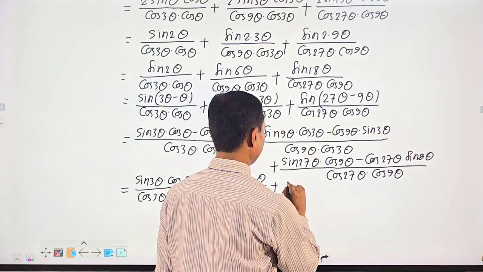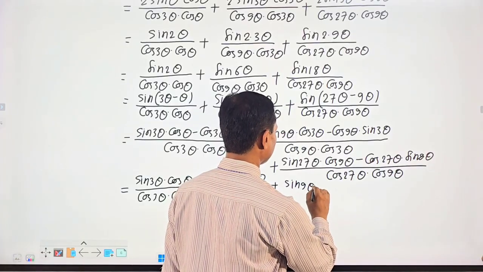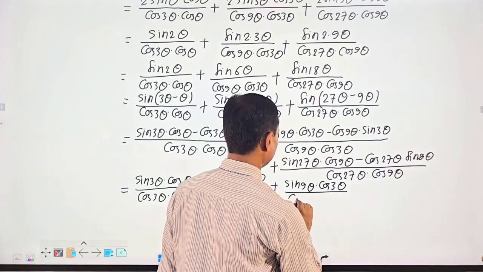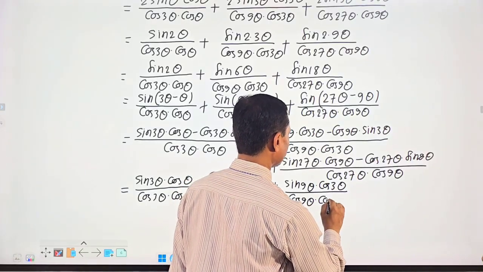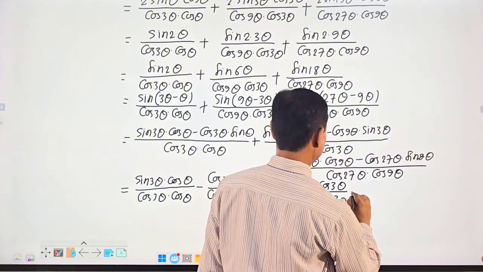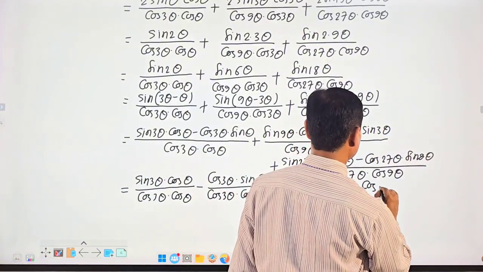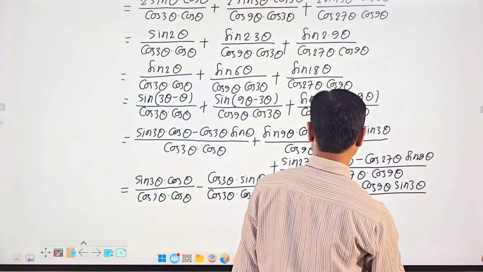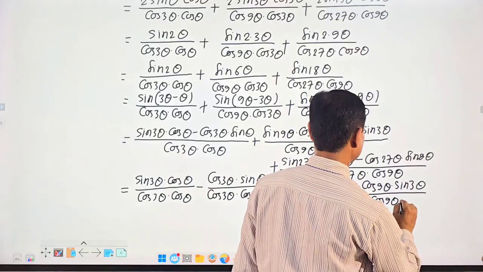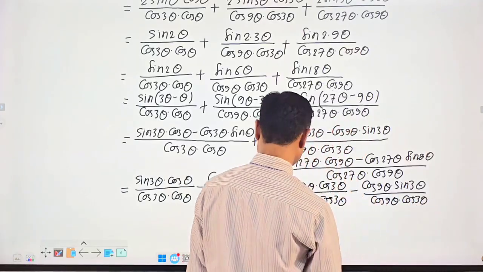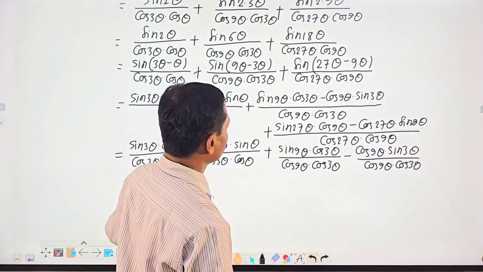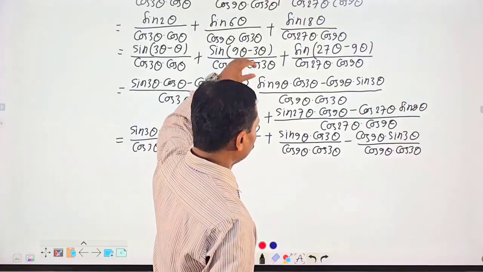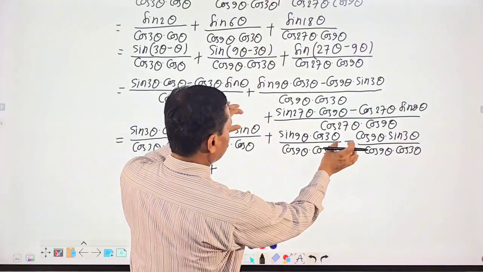Here also same, sin 9 theta dot cos 3 theta over cos 9 theta dot cos 3 theta minus cos 9 theta dot sin 3 theta over cos 9 theta dot cos 3 theta. Right? And after that we write here plus. This part also you have to do the same here also, right?